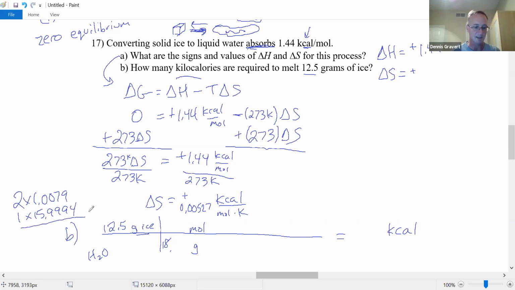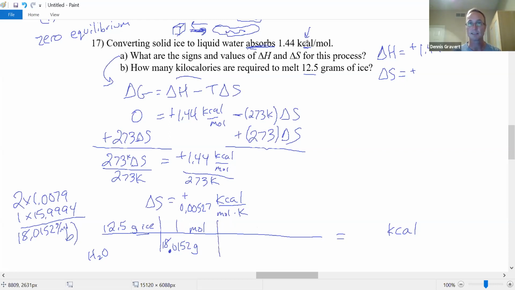Add those together. 2 times 1.0079 plus 15.9994. There it is. 18.0152 grams per mole. 18.0152. That's not a comma, that's a decimal point. Decimal point for every 1 mole.